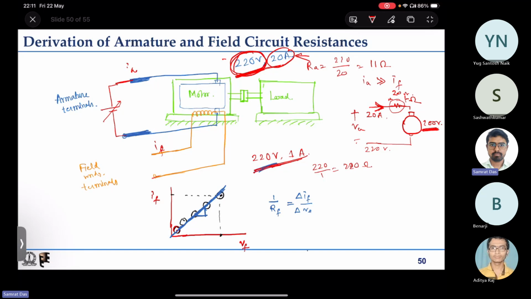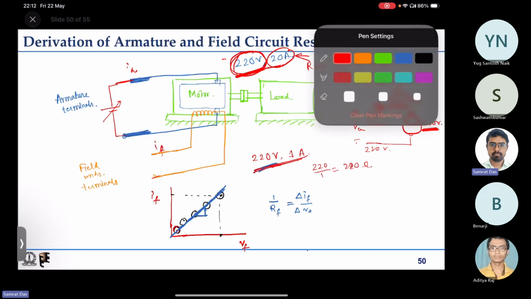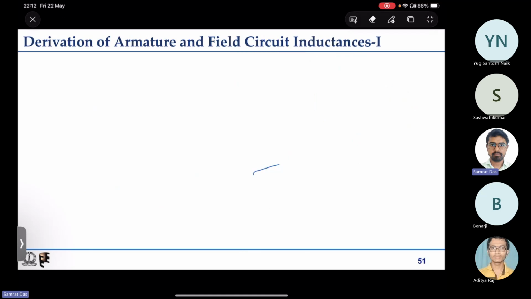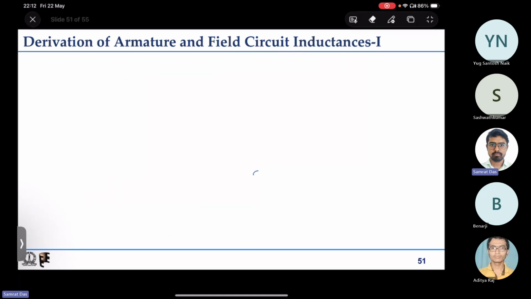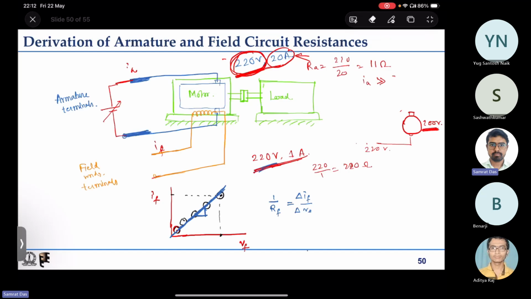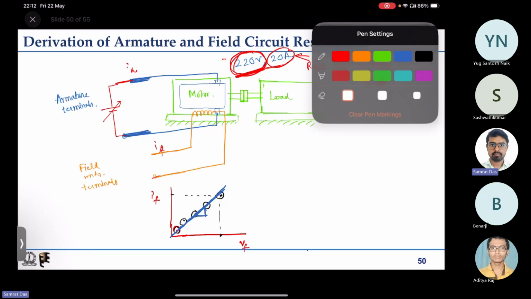Even if we excite the armature and current flows up to 20 ampere or even higher, there will not be any torque production and the motor will not rotate. So let us do the similar exercise that we have done for the field winding.